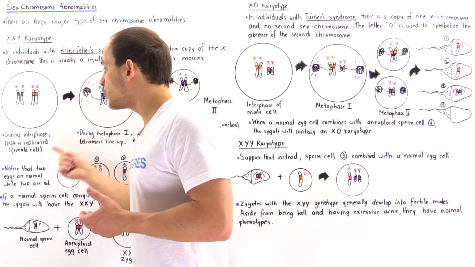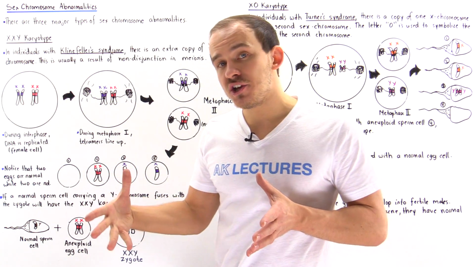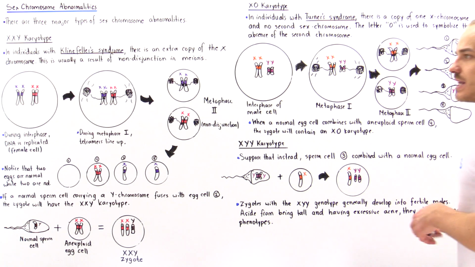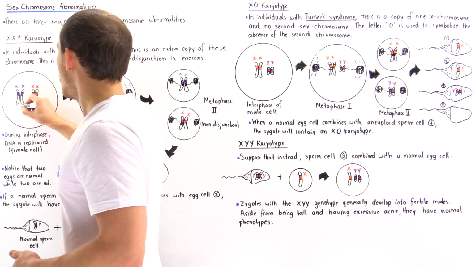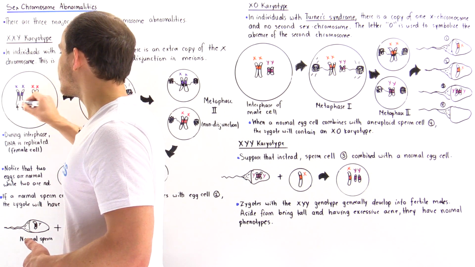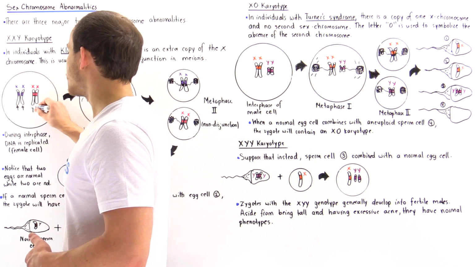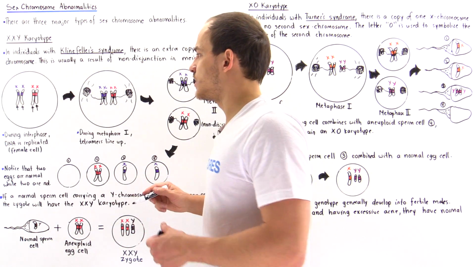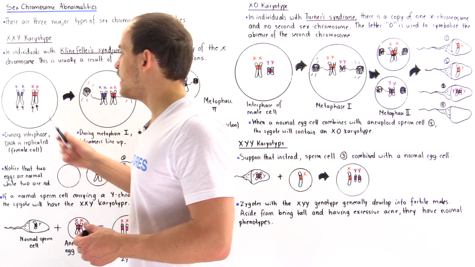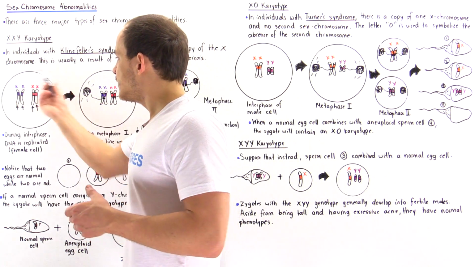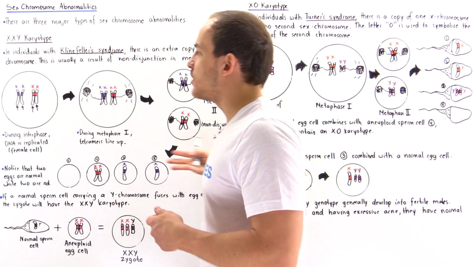Now, during interphase, before meiosis actually takes place, each one of these X chromosomes is replicated. So we have X chromosome number 1 and its identical sister chromatid, and X chromosome number 2 and its identical replicated sister chromatid. So we have a pair of these sister chromatids. So we have interphase taking place and then meiosis begins.